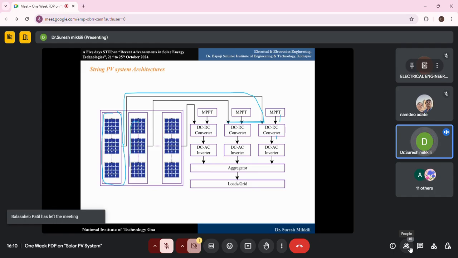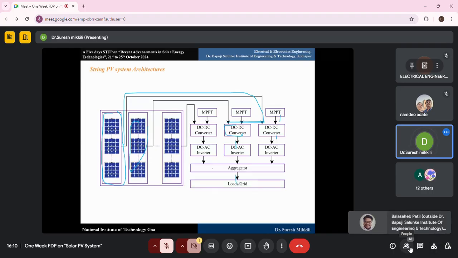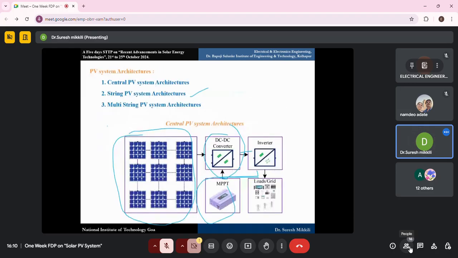The second string will be connected to another converter, then load. Similarly, in the string integrated PV system architecture, each string is provided with one converter. I hope you understand. Previously, the entire PV system was provided with one converter and one inverter structure.